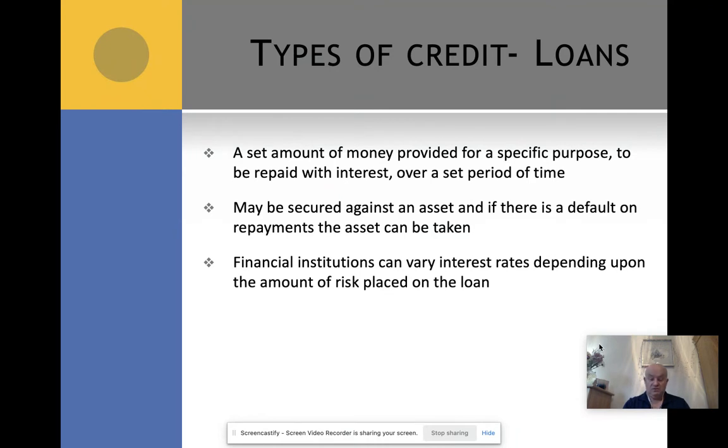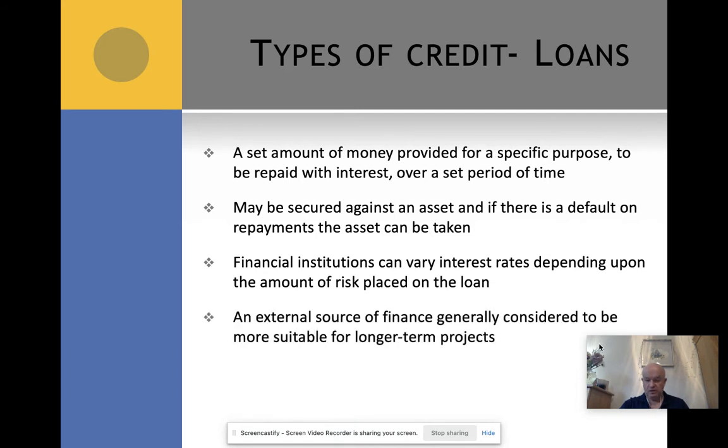So in some cases, dependent on the credit rating that you've got, that might influence the interest rate that a financial institution might want to charge you, as far as a loan is concerned.